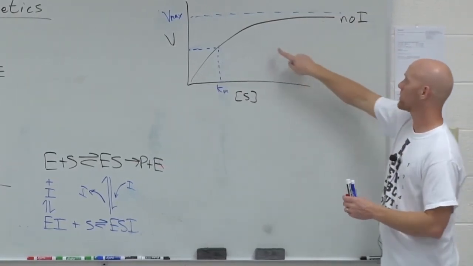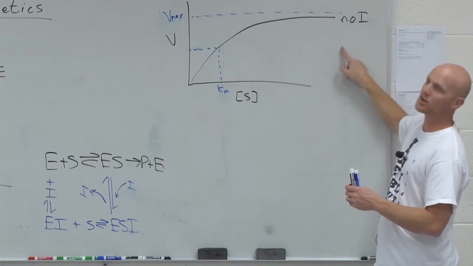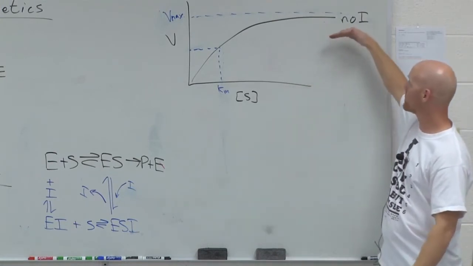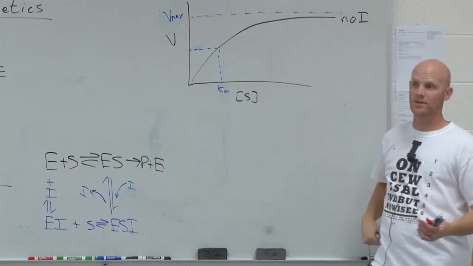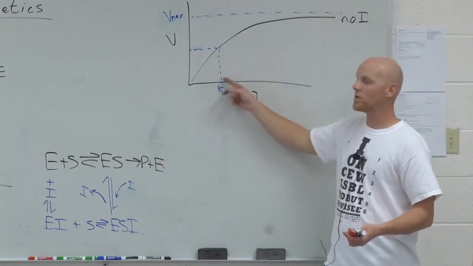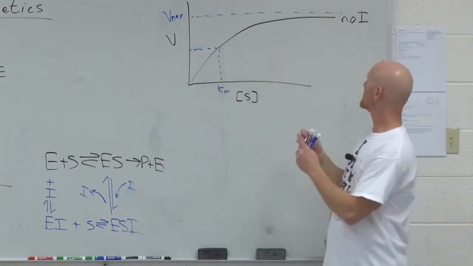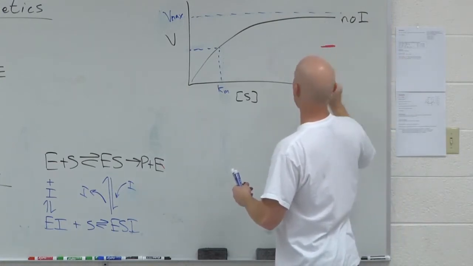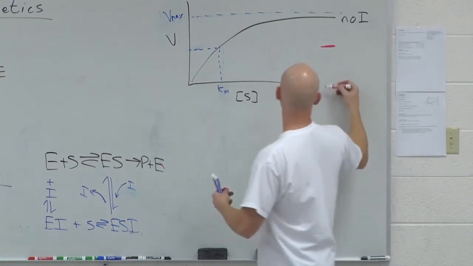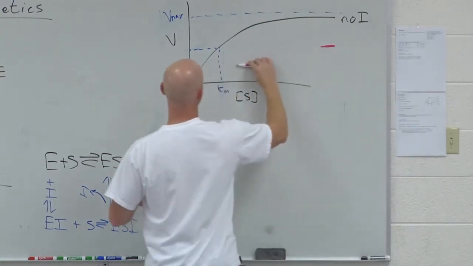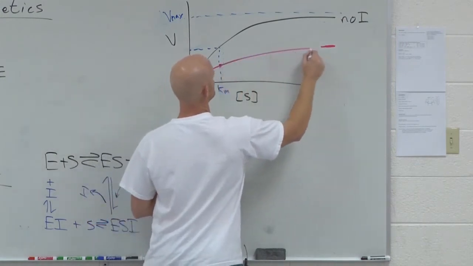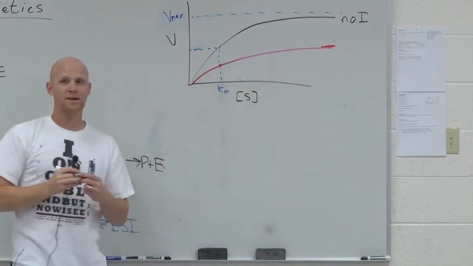It's going to lower the Vmax. We're not going to make it out to here, we're going to make it out to somewhere lower. But what's not going to change? Km. The point at which we reach half of our new Vmax is still got to be this point right here. So instead of ending up out here, maybe I only end up out here. But the place where I end up halfway to this point still got to line up right there. And so that's what my graph might look like now.